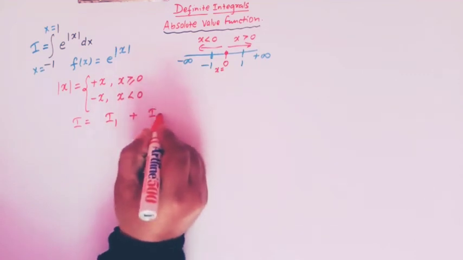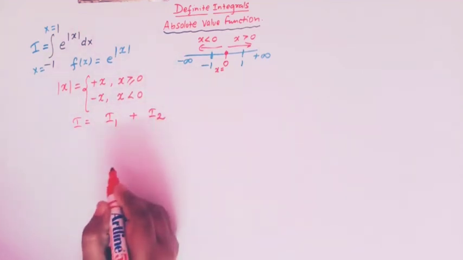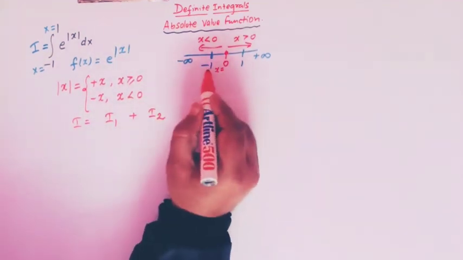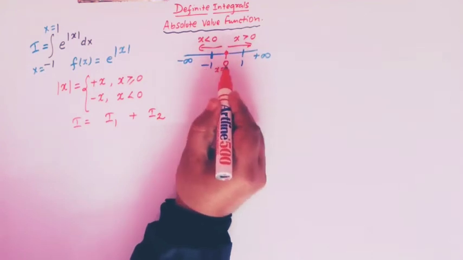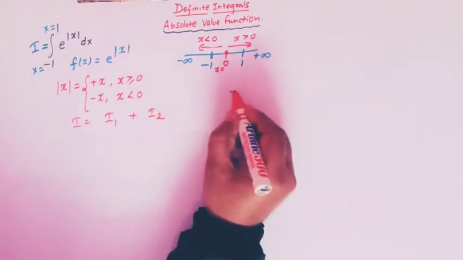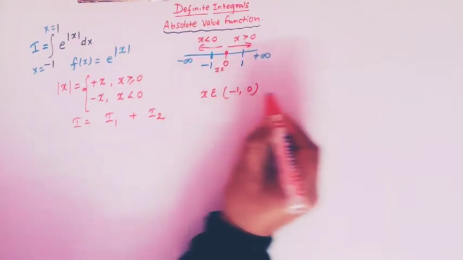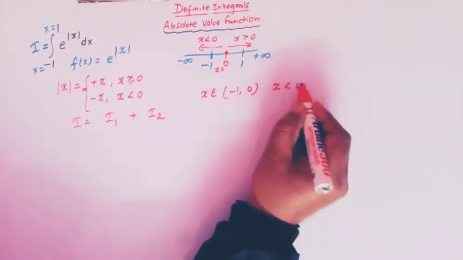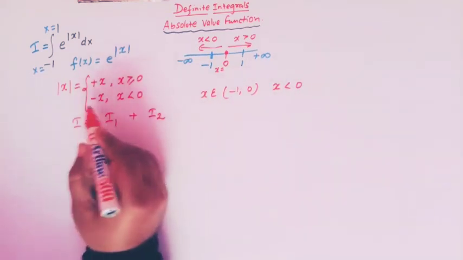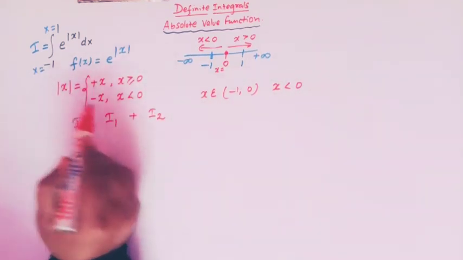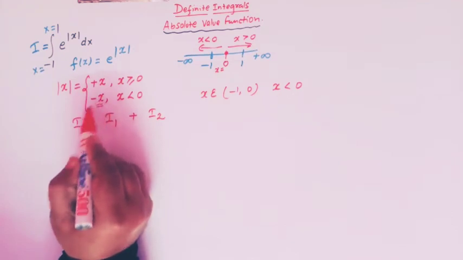I1 and I2. So why are we breaking it? Because I1 will go from -1 to 0, and in this interval x is less than 0, so we'll take mod of x equal to minus x.